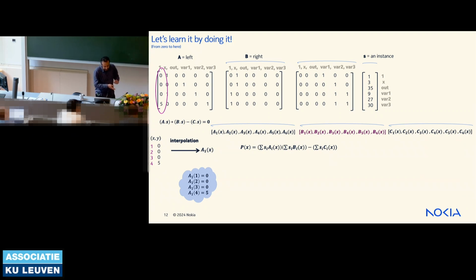So I'm doing this dot product between the instance, which is a vector of values, with the polynomials. But I wrote it in a fancy way with a fancy notation. It's the same thing you saw for one line. Is it clear? Cool.